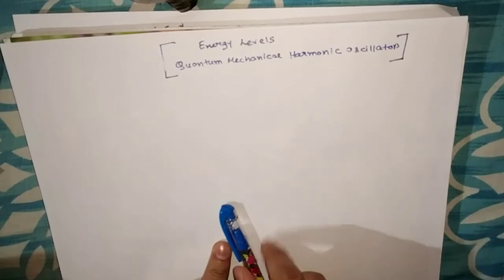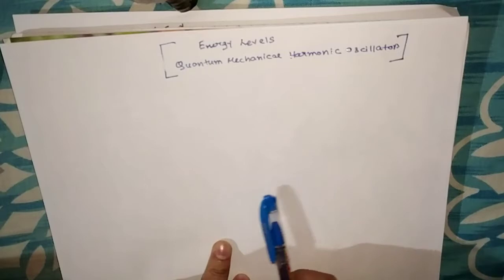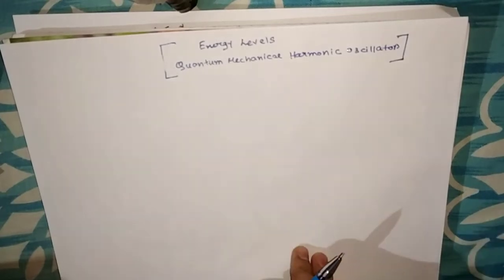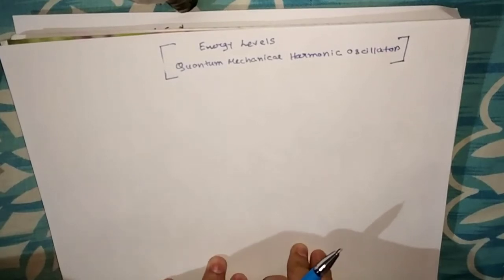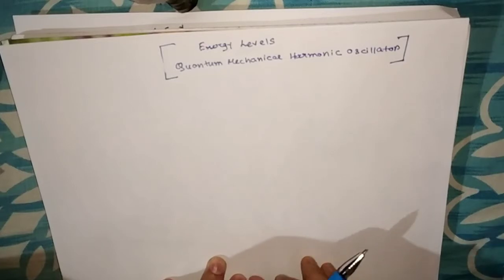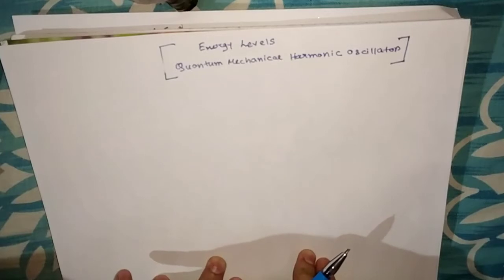But here in the fourth lecture, I have introduced some quantum mechanical properties of this system. So in this lecture I will solve the Schrodinger's equation for the harmonic oscillator model system, and will try to derive the expression of its energy levels.